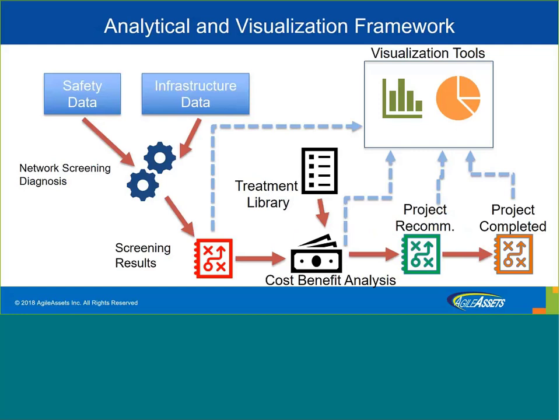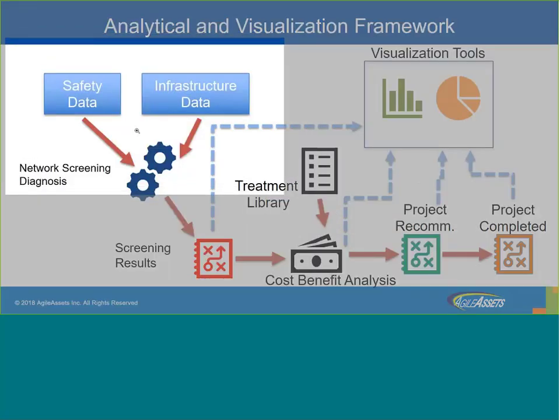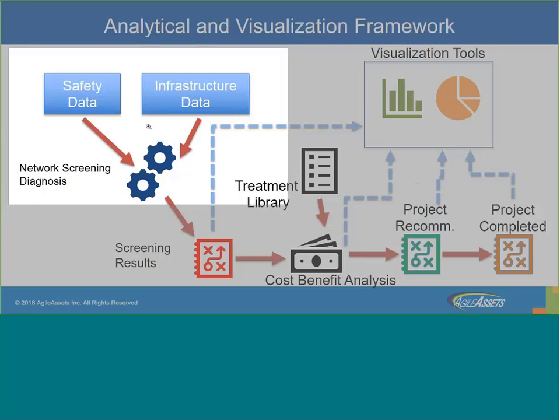Now let's take a quick overview of the analytics and visualization framework that we have. We start with safety data and infrastructure data. These are part of our safety analysis in this solution.